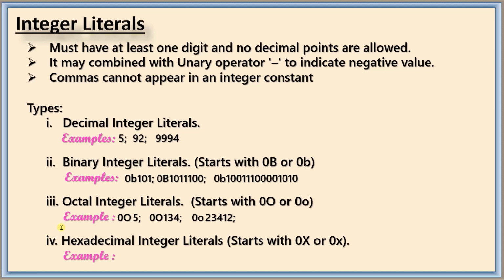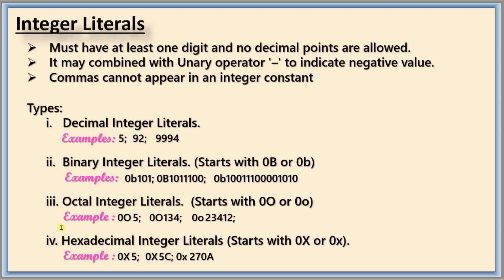Example here, to specify decimal number 5 in hexadecimal, it is 5 only, but we will write 0, X and 5. So 92 is 0x and 5c. Similarly, 0x270A is equivalent to 9994.